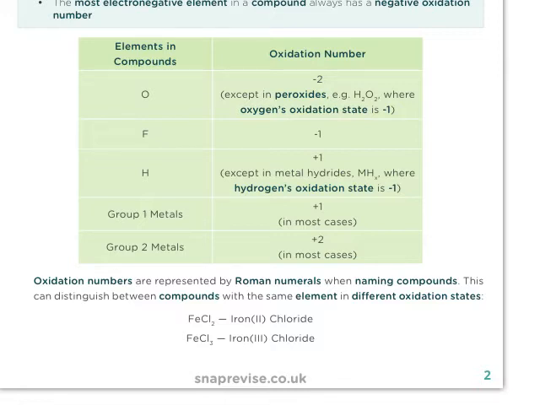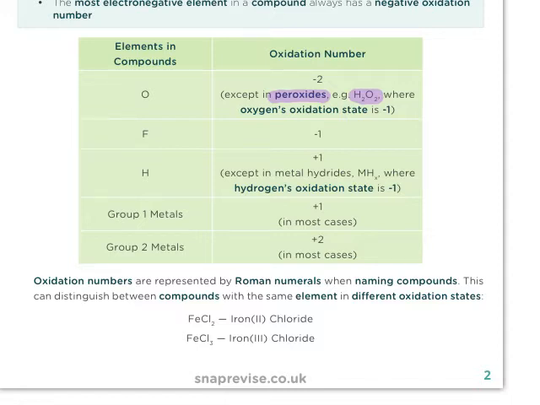So elements in compounds, if it's O, then it's always -2, except for if it's in a peroxide. For example, H2O2, hydrogen peroxide, then oxygen's oxidation state is actually -1 rather than -2. So that is an exception to the rule. Fluorine is always -1.